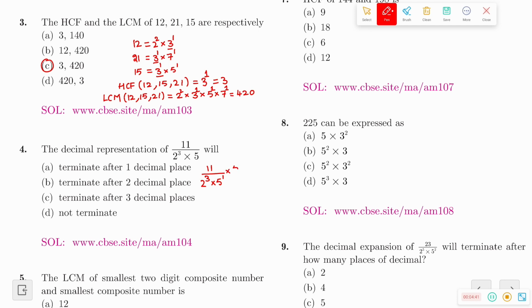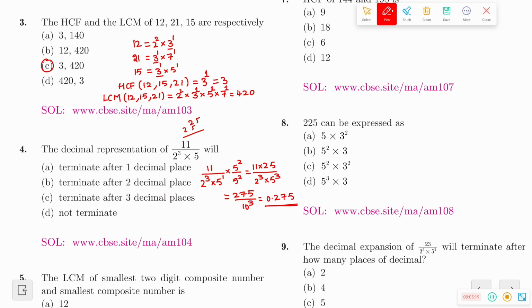So we need to multiply by 5 power 2, because 5 factors are fewer. So we get 11 into 25 by 2 power 3 into 5 power 3. 11 into 25 is 275. So that is 275 by 10 power 3, which is 0.275. After how many decimals does it terminate? After 3 decimals it terminates.